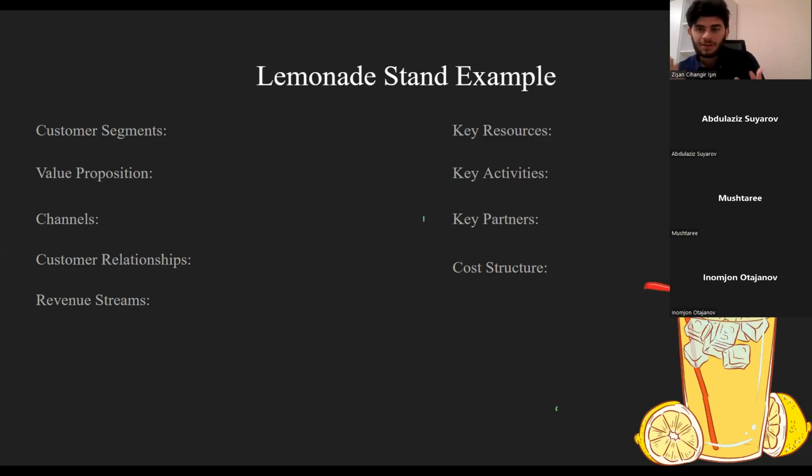The next part is the channels part. As I have said previously, we decided on the customers, we decided on what we are going to serve them. Now, the channels part is how we are going to reach the customers. How are we going to take this thing we created and give it to the customers? There can be several examples for a lemonade selling business.